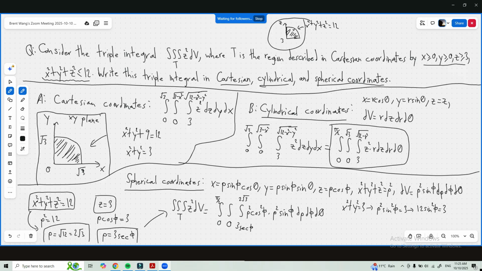And when you do this, you get that phi has to be a non-negative value. It's equal to pi over 6. So it goes from 0 to pi over 6. And this is our answer in spherical coordinates.